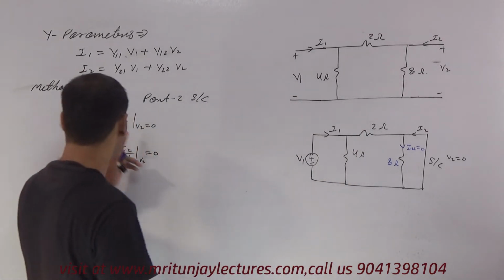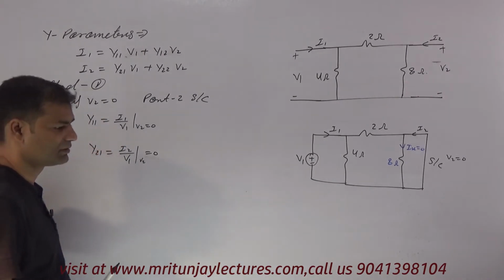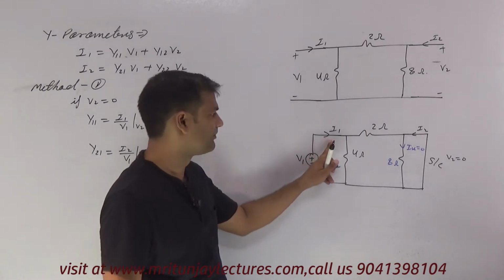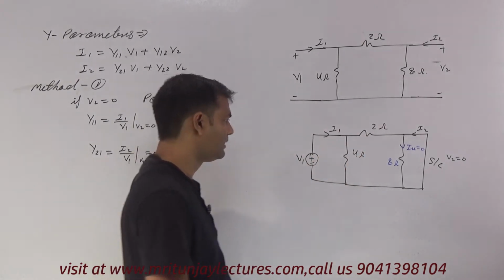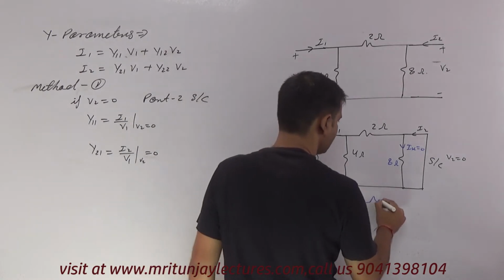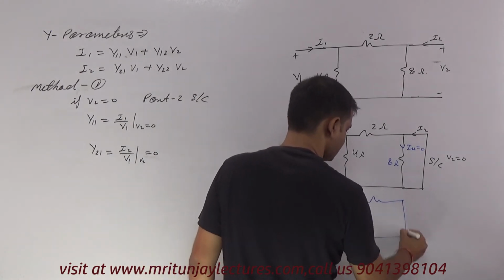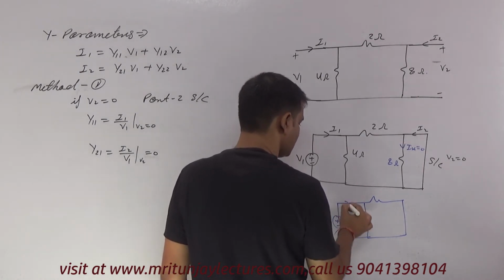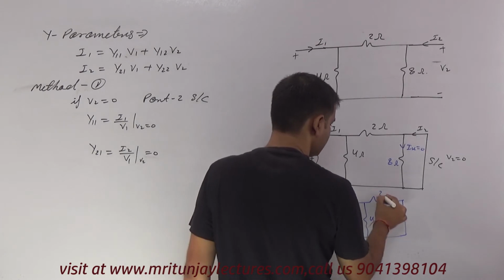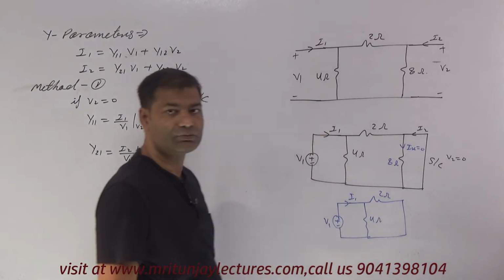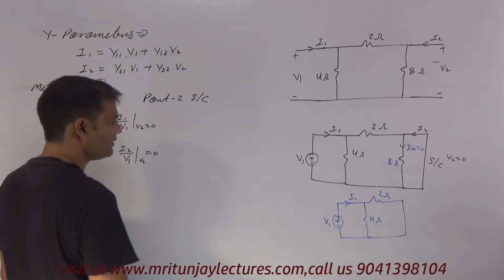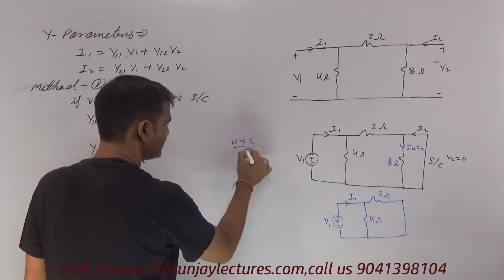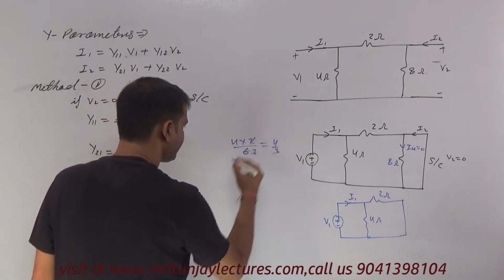Our motto first of all is I1 by V1. How can we determine? That is V1 and here I1. Now that is 2 ohm. In this whole circuit, this is short and this is V1 plus minus, with I1, 4 ohm and 2 ohm. 4 and 2 are in series-parallel, so 4 times 2 divided by 4 plus 2, that is 6, giving 4 by 3.